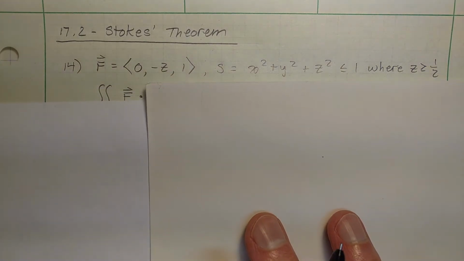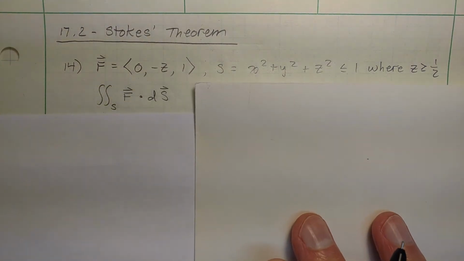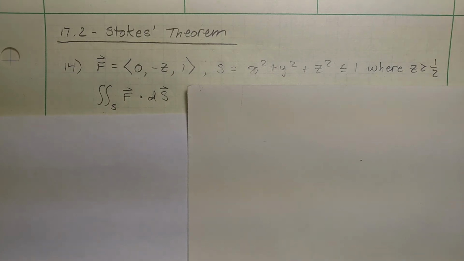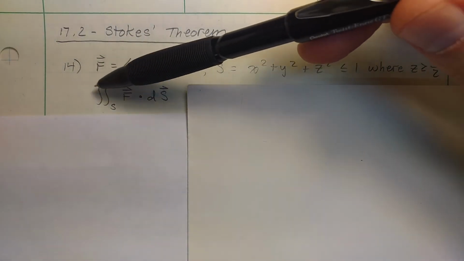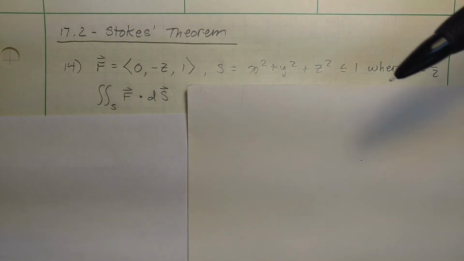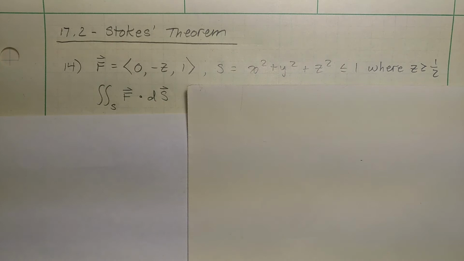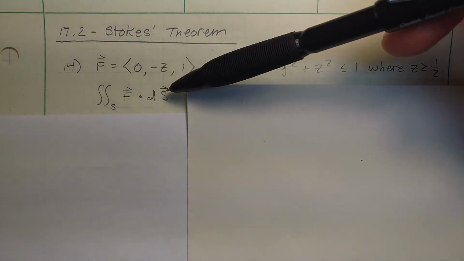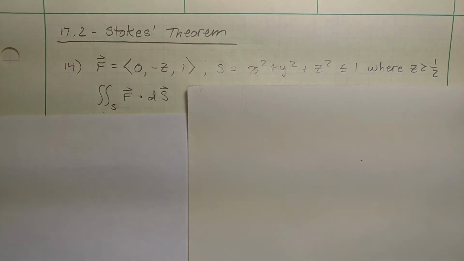So we have to parameterize the surface with two variables, and in order to do our dot product, we have to get our normal vector.